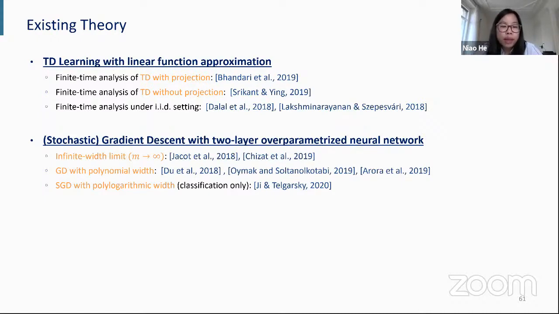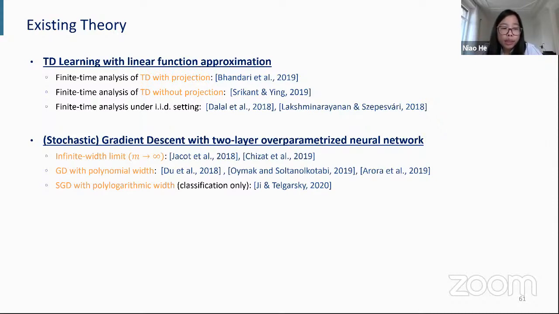They show that if the number of neurons, let's say M, the network width, goes to infinity, then you can show that this essentially mimics a reproducing kernel Hilbert space. And then you can actually show global convergence. This was proven in the Jacot and Chizat papers.